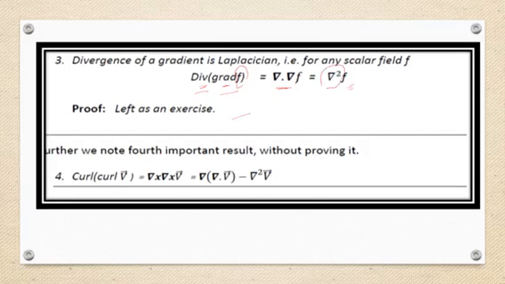That is left as an exercise. Another important property which we are going to use in proving that electromagnetic fields, when they are varying, propagate like waves. In that proof also we will use this property.